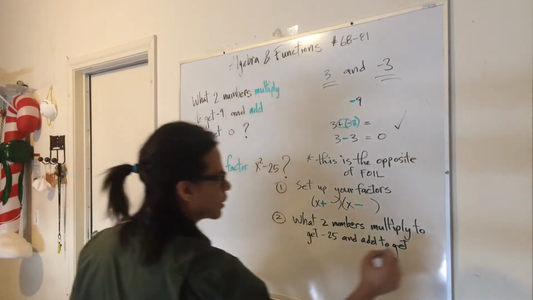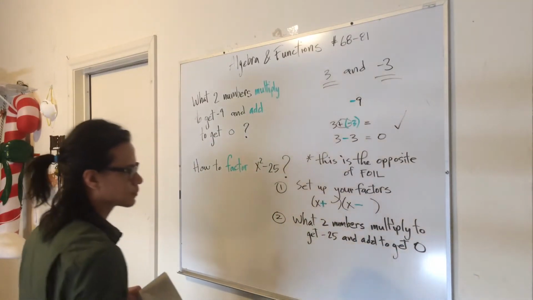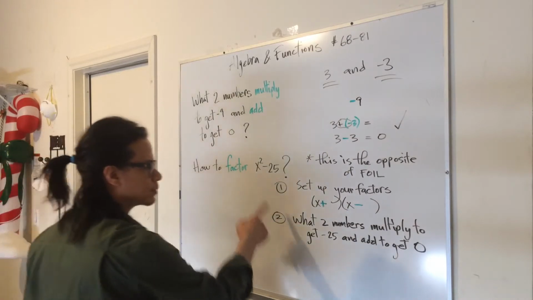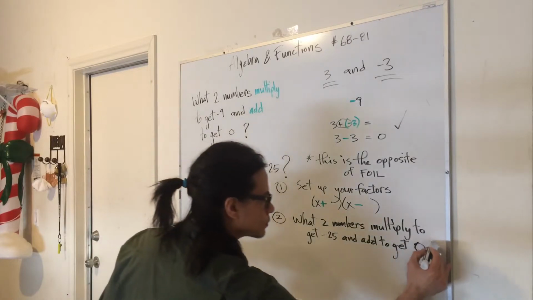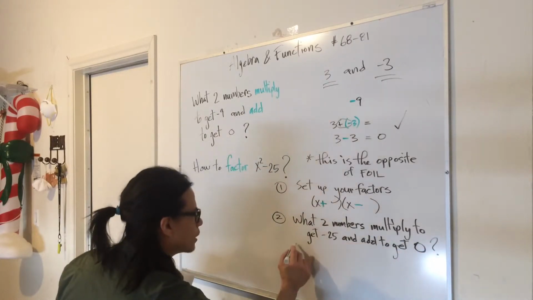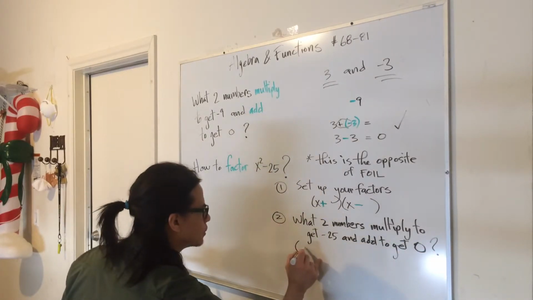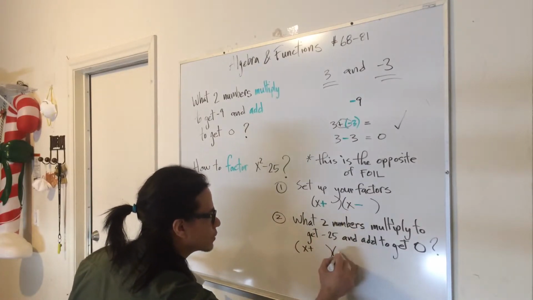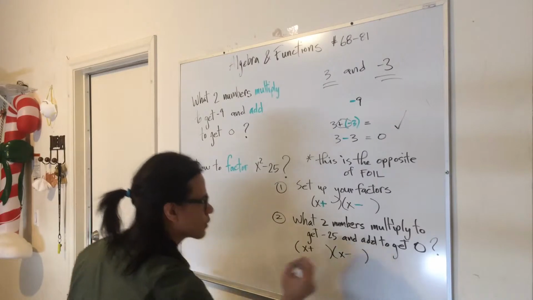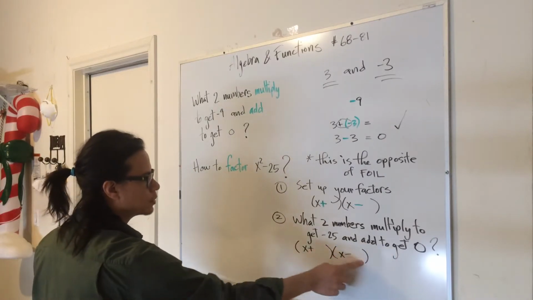There's no middle term there, no x term, so therefore they need to add to get 0. Again, just trial and error. We're just going to bring down our factors here. The two numbers will go into here.